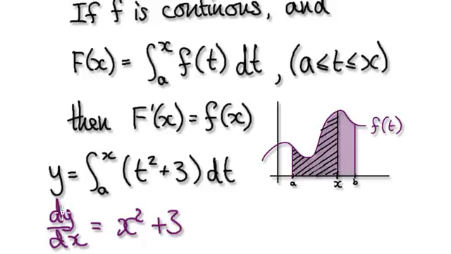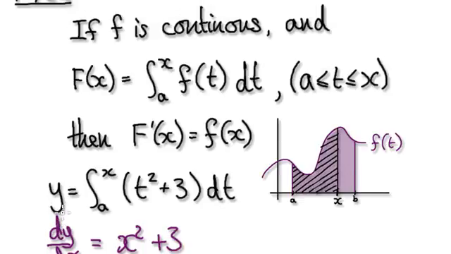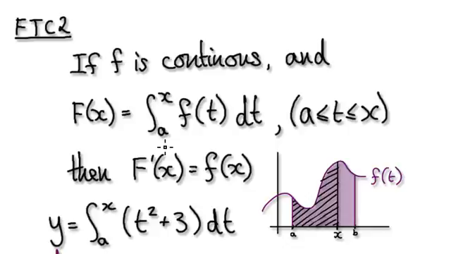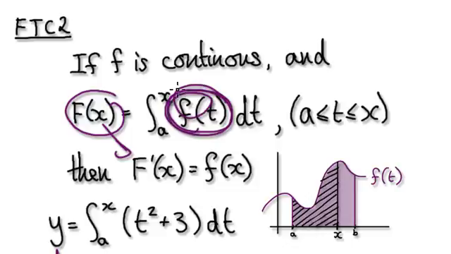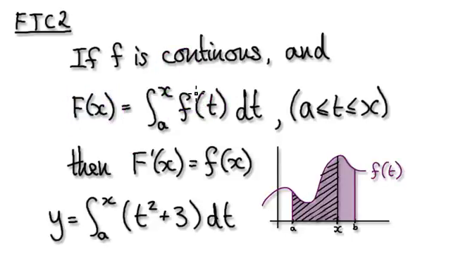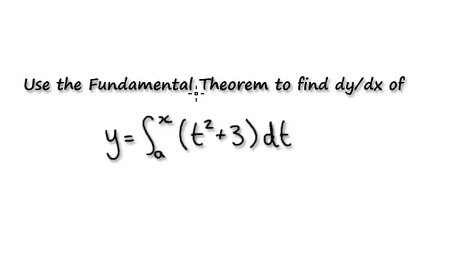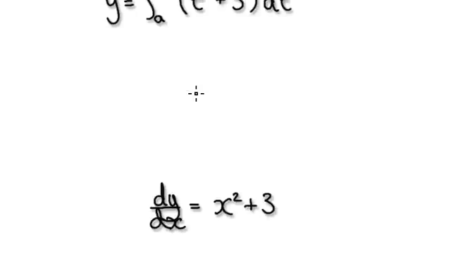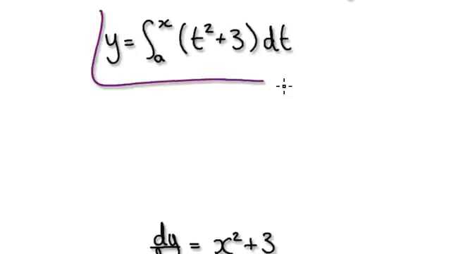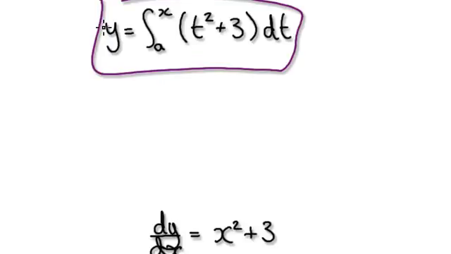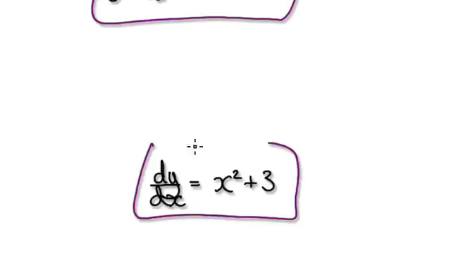I know it's kind of silly, but it's an exercise to get you to realize that if you differentiate this, you just look at this evaluated at x. So when given this, dy by dx will be this.